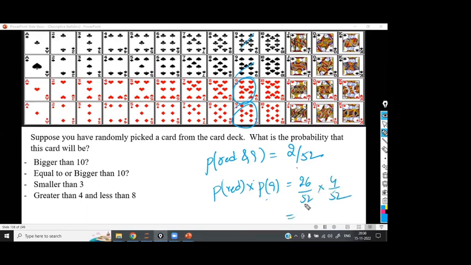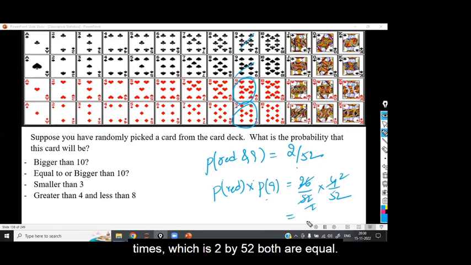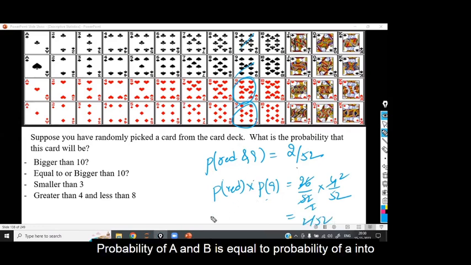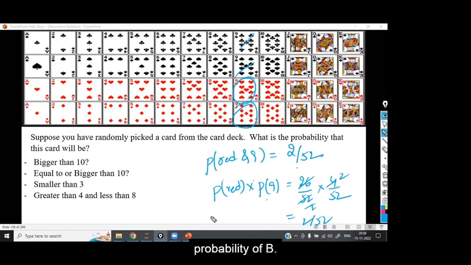That is this one 2 times, this one 2 times, which is 2 by 52. Both are equal. Probability of A and B is equal to probability of A into probability of B. Condition satisfied, hence proved. LHS is equal to RHS.